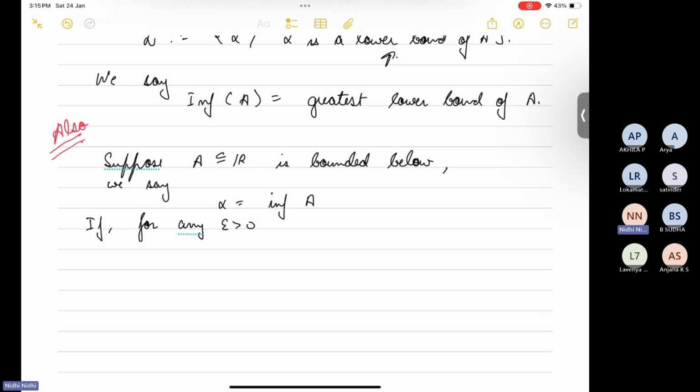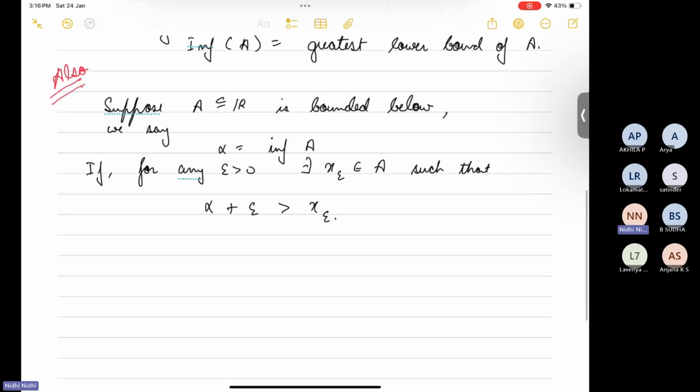So for any epsilon positive, there exists an x epsilon, that means we can find some x epsilon in A, such that alpha plus epsilon is strictly greater than x epsilon.